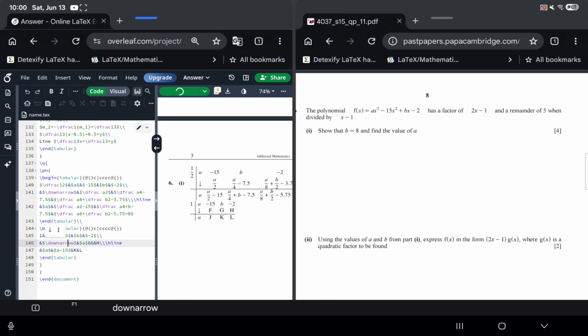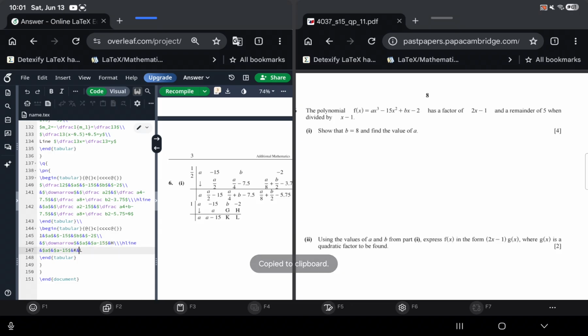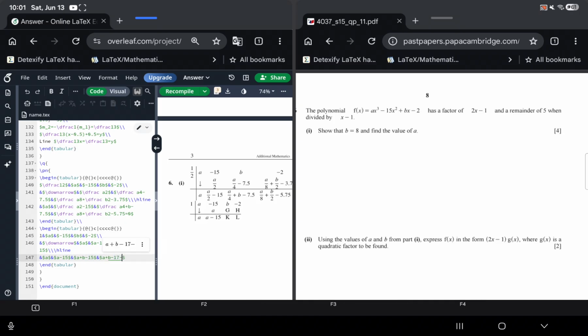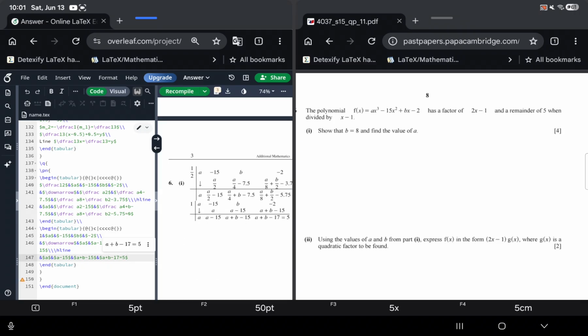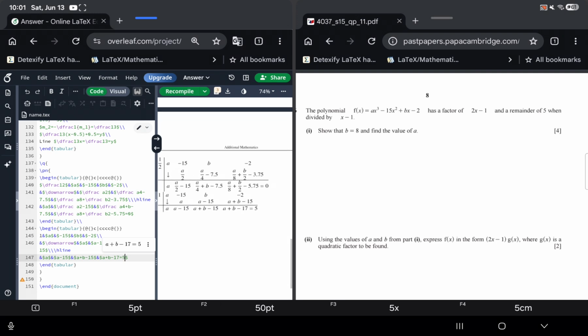A minus 15 times 1 is equal to G. G will have B added to it: A plus B. Now times this by 1. We get nothing added to it, but we do know that this is negative 17 is equal to 5. This value should equal 5. Yes, we know this. See, both are like similar lengths.